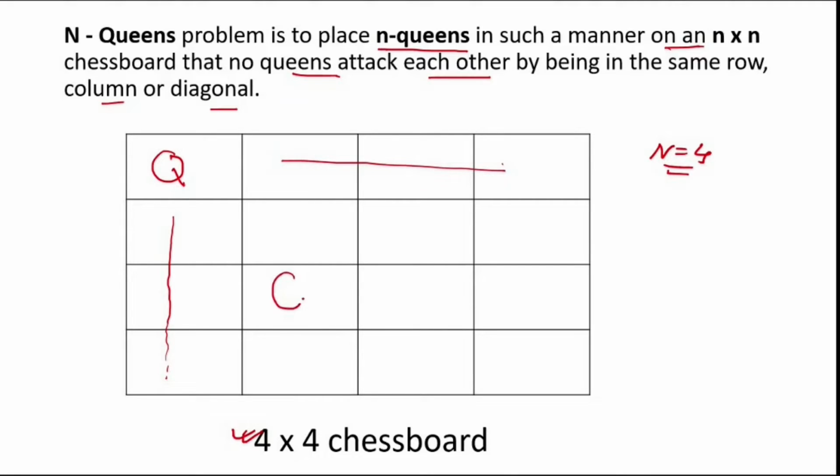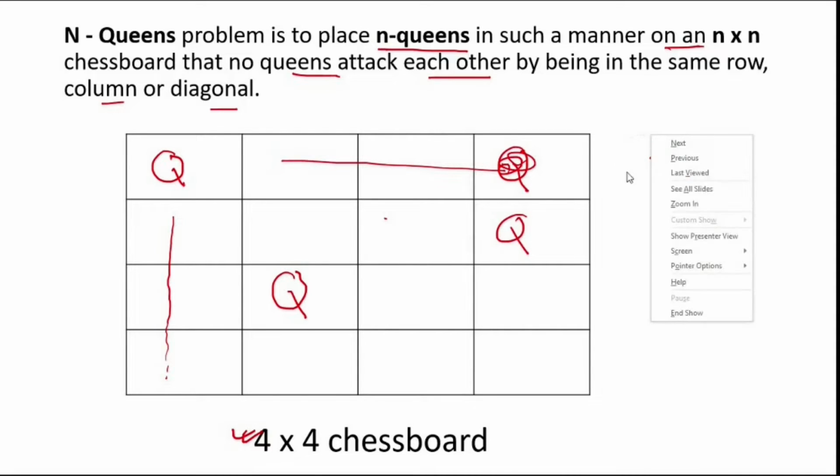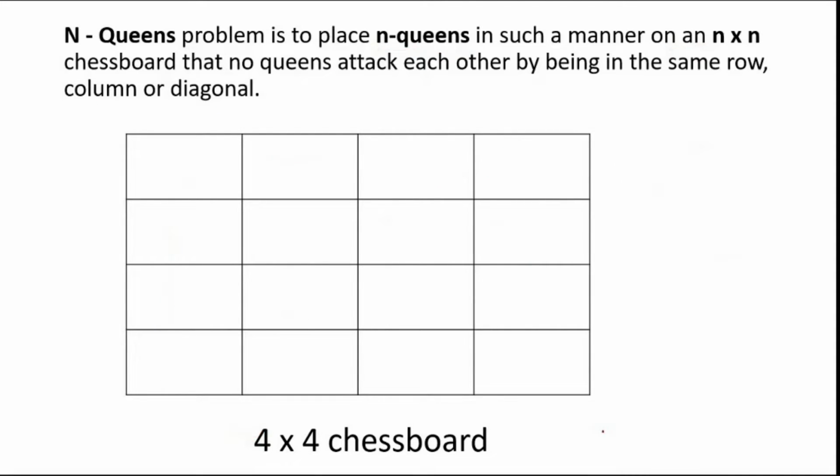If you keep your second queen here, then you will think, okay, this might be a result. So there will be a recursive call. Then third queen, where can you place the third queen here? No, you cannot place. Can you place the third queen here? No. And then the fourth queen you are not able to place anywhere. So this solution is also not giving. So what to do? You may have more than one solution.